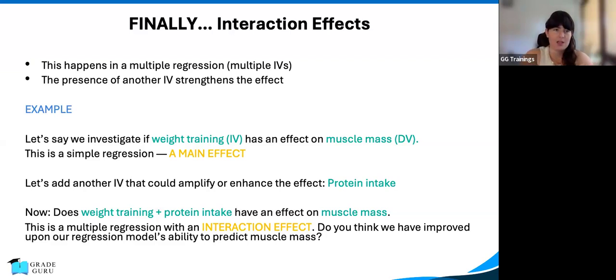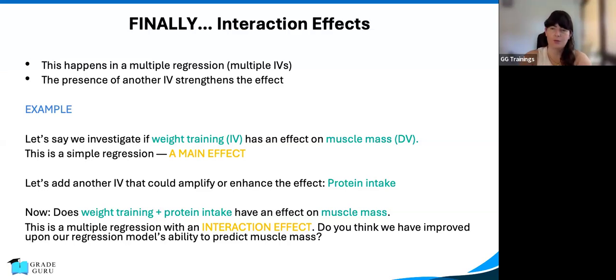So a simple example is, let's say we investigate if weight training has an effect on muscle mass. And this is a simple regression, and we call that a main effect when we look at one independent variable's effect on its own. Then we add another independent variable to our regression model, which could amplify or enhance the effect: protein intake.